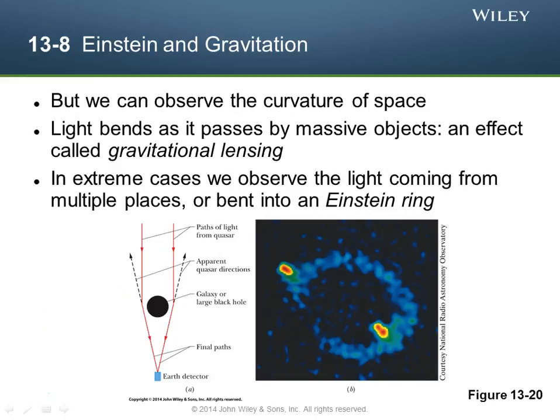And although this may sound a little screwy, we actually see evidence of this. We can see that light bends around extremely massive objects like black holes. We see evidence of the bending light, and we have what we call Einstein rings, where we see a star in two different locations because of black holes between us and that star.